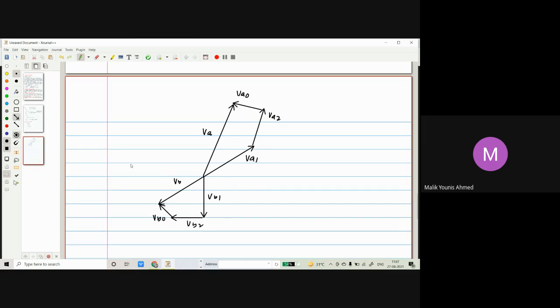Similarly, if we look for the phase C, let's say this is a positive sequence for the phase C, and this is negative sequence for the phase C. Then let's say this is zero sequence for the phase C. Let me extend this.